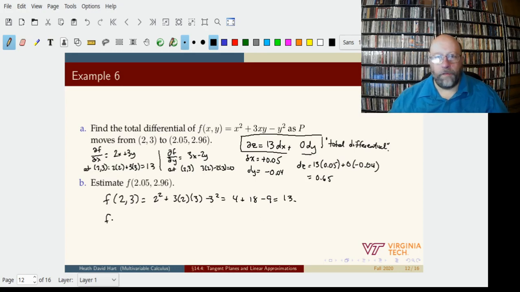And so f of (2.05, 2.96) is going to be approximately 13 plus the change in the z value, which is 13.65.